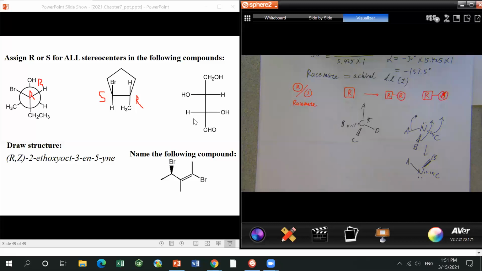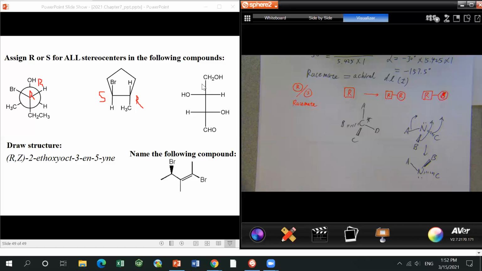Then you draw the arc to give the assignment. For example, the first one: the highest priority is OH. Then this branch should have higher priority because this carbon has two oxygens, and also has another carbon attached to it. So if you draw the arc, 1, 2, 3, it looks counterclockwise.